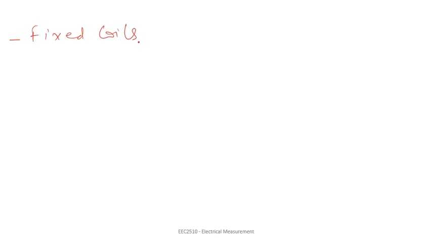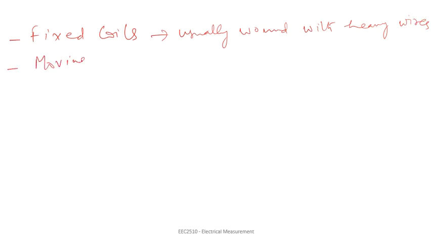These fixed coils are usually wound with heavy wire because they carry the main current in ammeters and wattmeters.